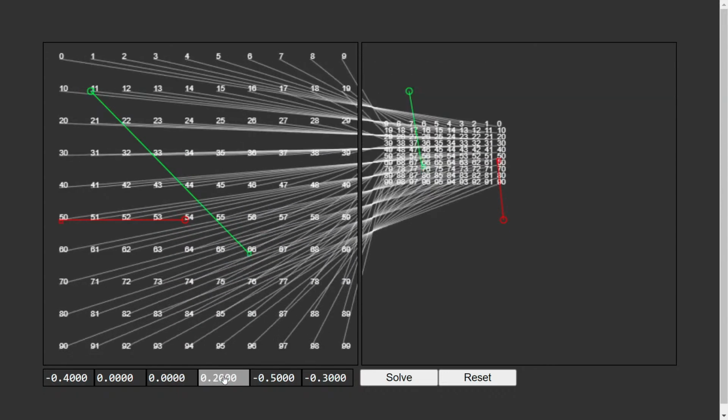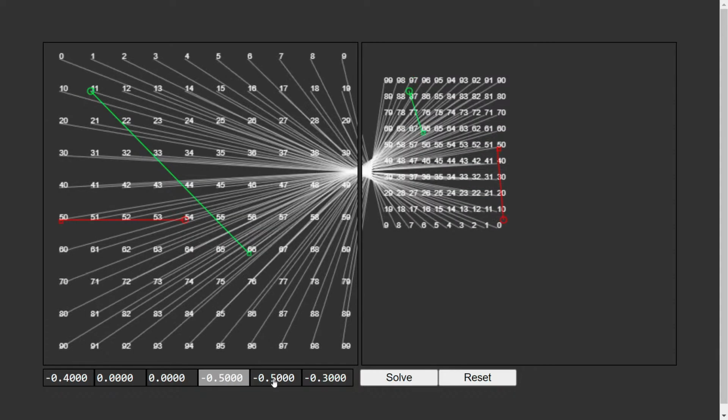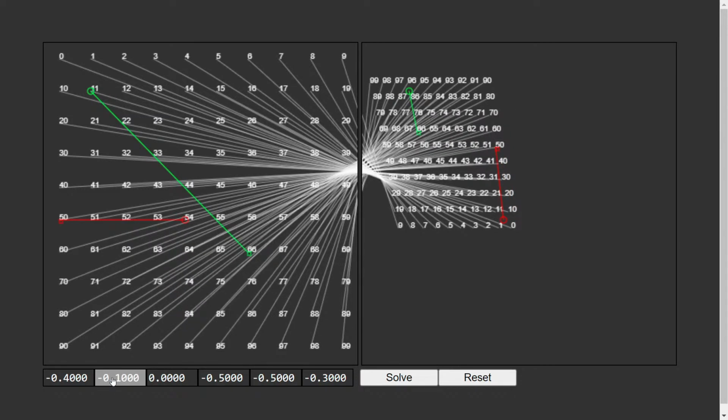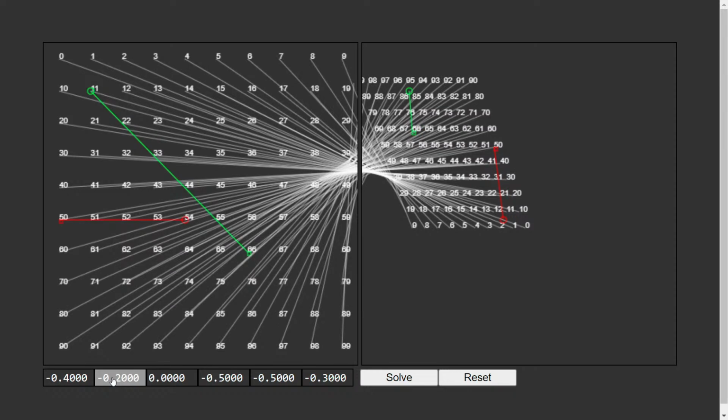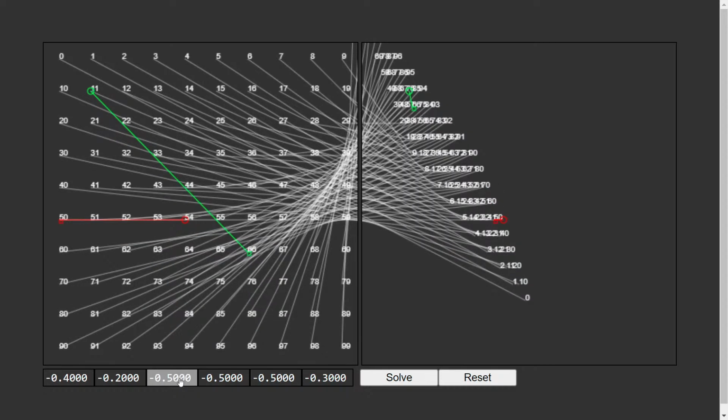Oh, so do this, and then move it, shear it more, okay, and then, okay, that's pretty close. Okay, let's see what the machine does.